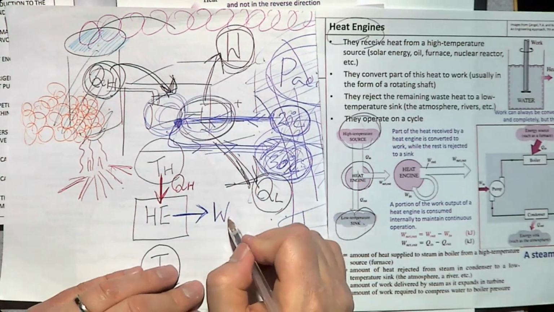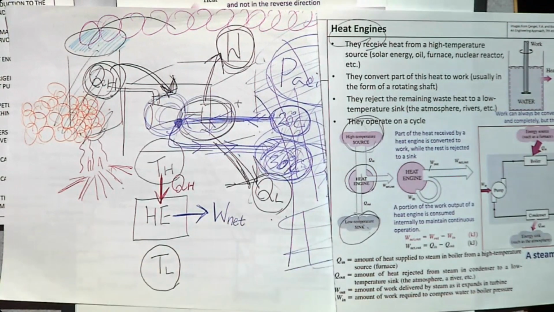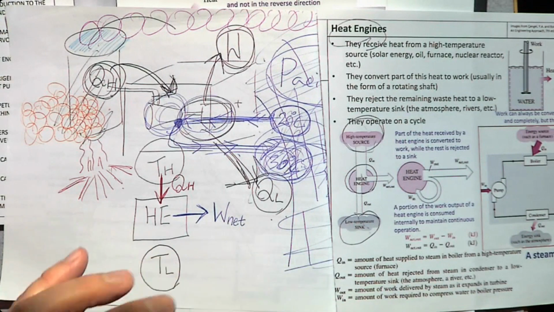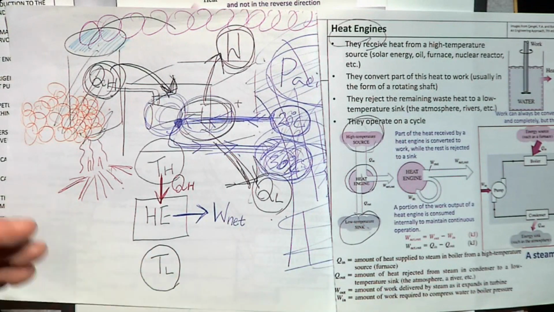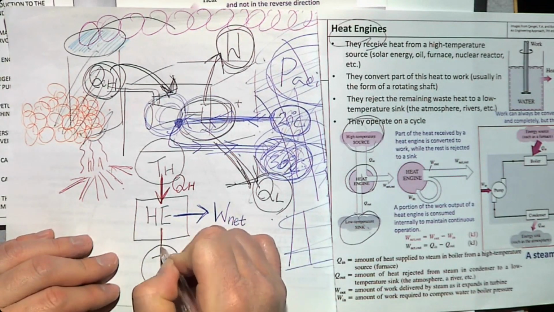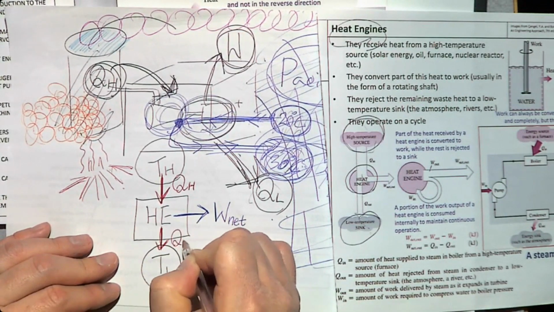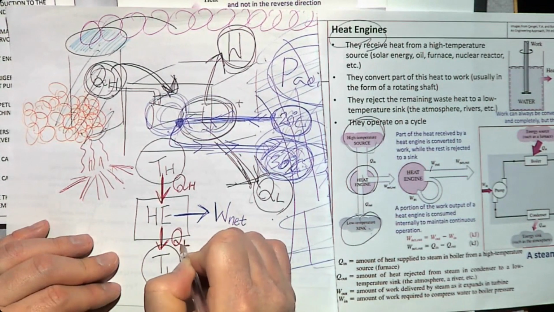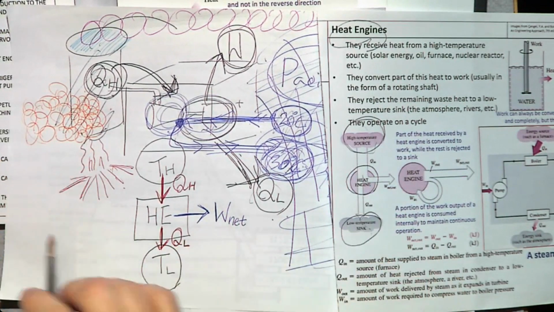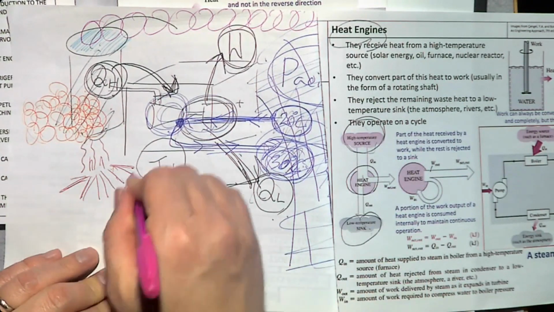So let's say we produce net work, and there should be waste heat that we need to remove by running a cooling system, and we release waste heat to a low temperature thermal energy reservoir. So this is how a heat engine works.